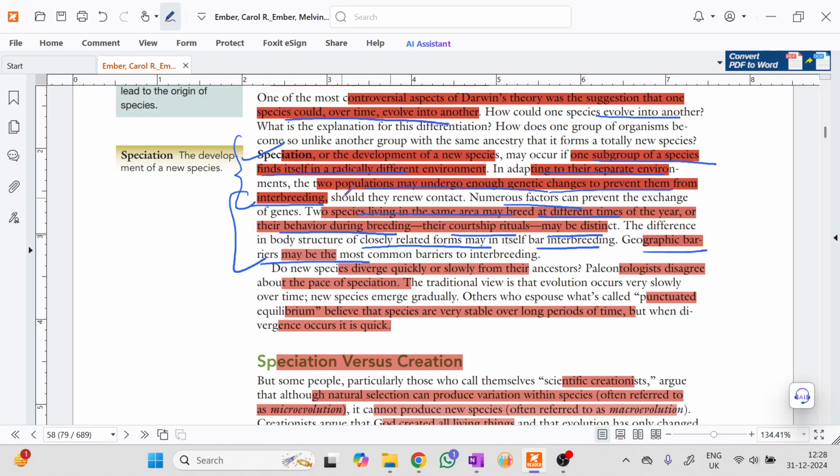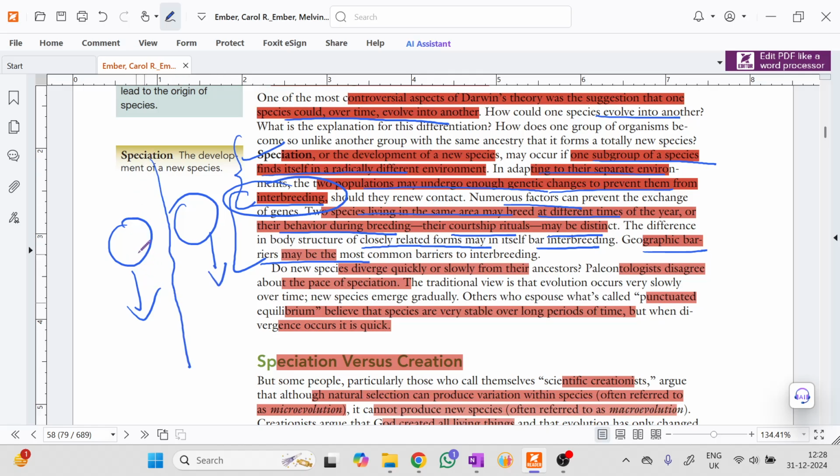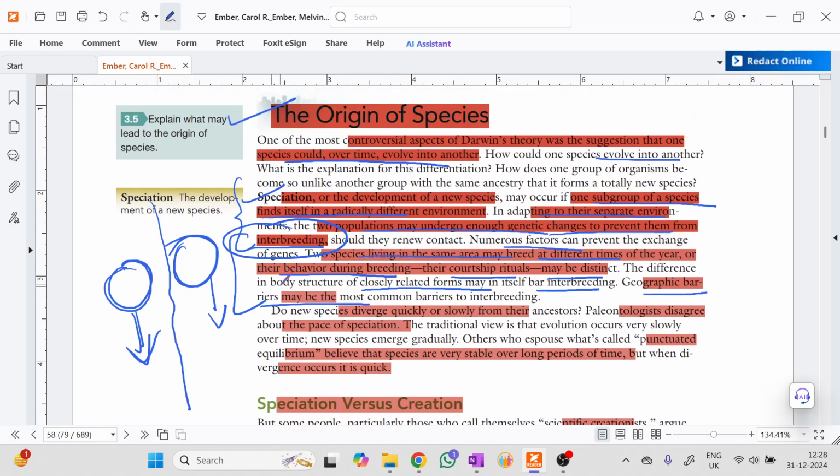But yes, if they are left to fend for themselves for a long time, the difference of characteristics may lead to changes in the genetic structure, which itself will stop their interbreeding. If interbreeding, the genetic exchange, is stopped, then the populations are likely to proceed in their respective separate ways. So this is how new species can occur.